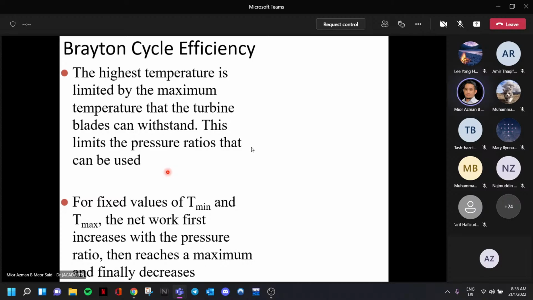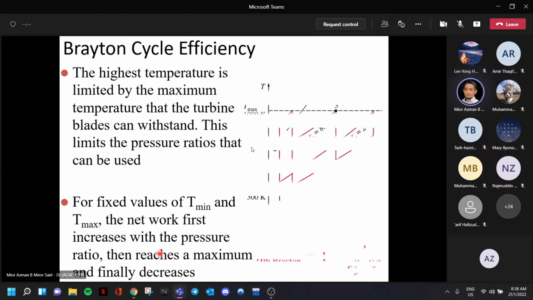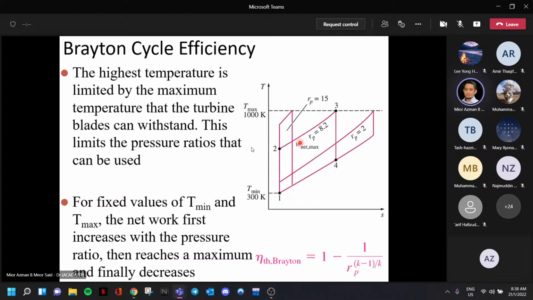Right, so now we're going to see, for fixed values of the minimum temperature and the maximum temperature, the net work first increases with pressure ratio. What will happen to the thermal efficiency? Right, so this is to see the pattern.